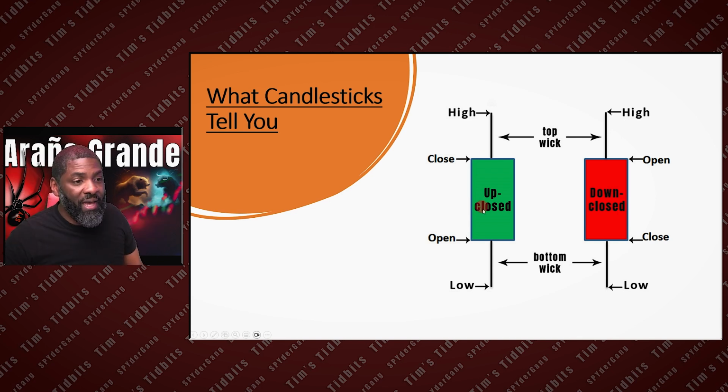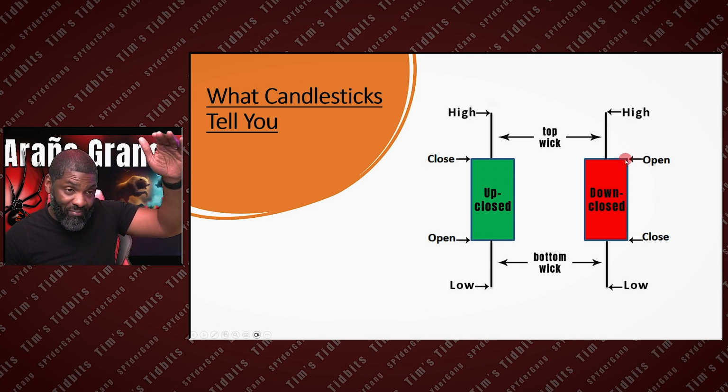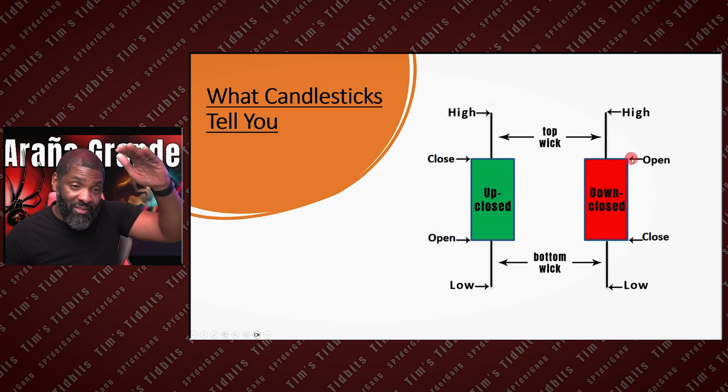Now, you have the open on an up close candle. You have the high. You have the low. And you have the close. Okay? You have the open on a down close candle. It's at the top of the body. See the difference? The bottom of the body for the up close, the top of the body for the down close.